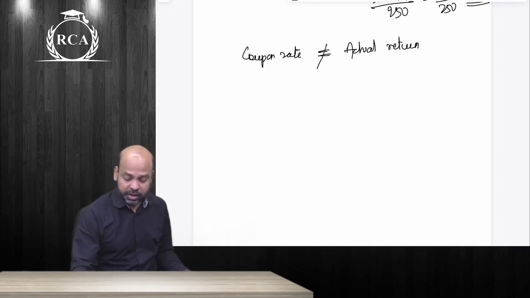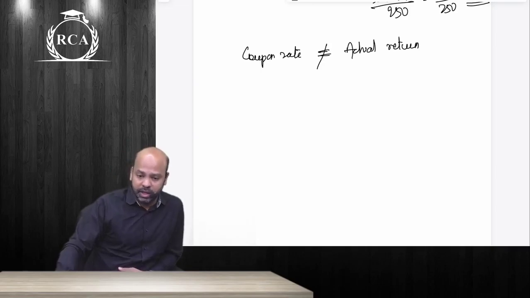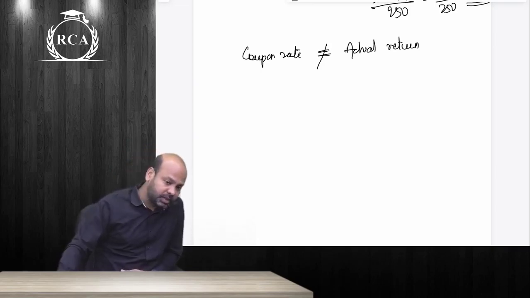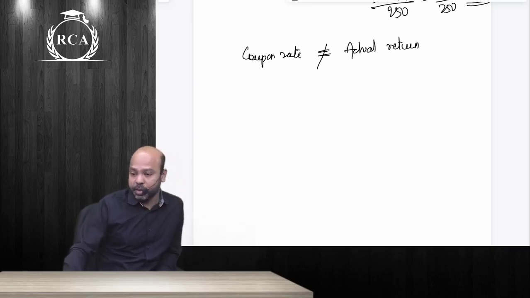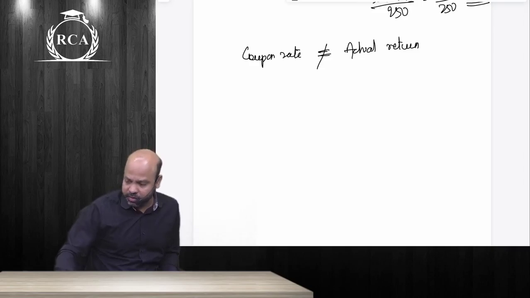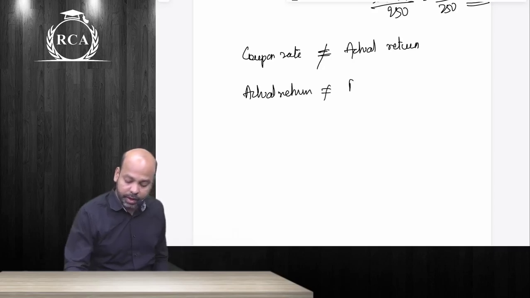Coupon rate will not be equal to your actual return unless you buy the debenture at face value, you sell the debenture at face value, and the only return that you're generating is in the form of coupon rate. Otherwise, coupon will not be equal to your actual return. Just because the coupon rate of a debenture is 11%, that does not mean your actual return is also 11%. Are we clear about this? Your actual return, beta, again, need not be equal to your required rate of return.